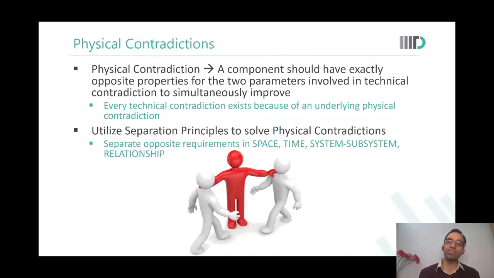In this level of abstraction, those inventive principles are organized in just 4 or 5 categories: how to separate these opposing requirements in space, time, system, subsystem level, relationship, direction, and so on. So from a 39 cross 39 matrix, we've reduced the solution set to just 5 boxes. And we use inventive principles from these 5 boxes now.